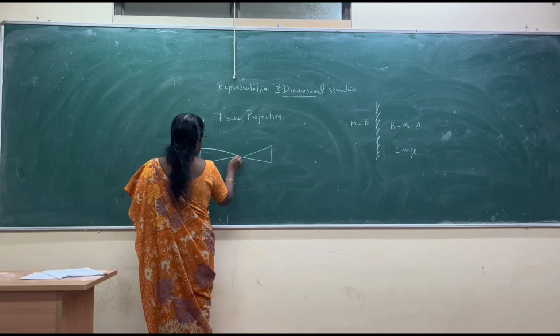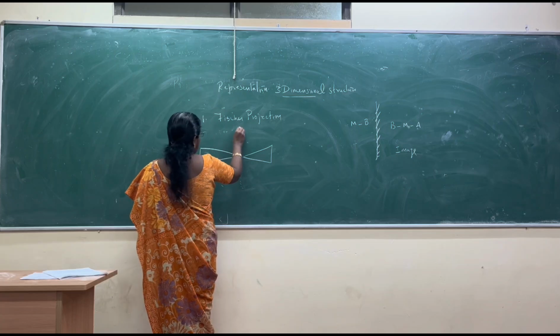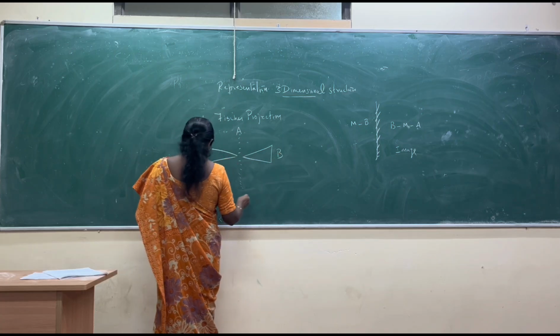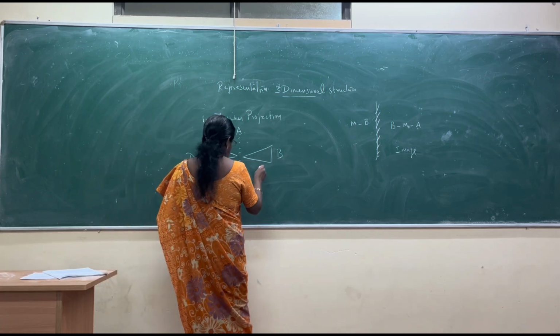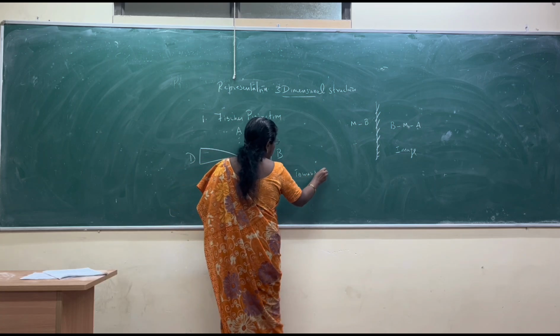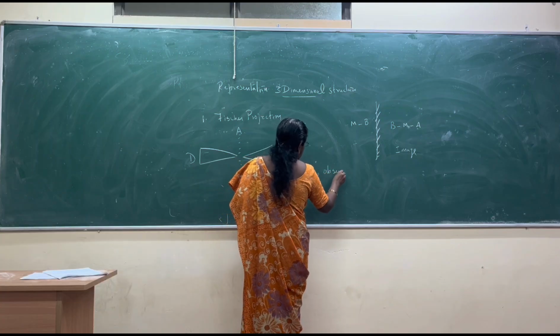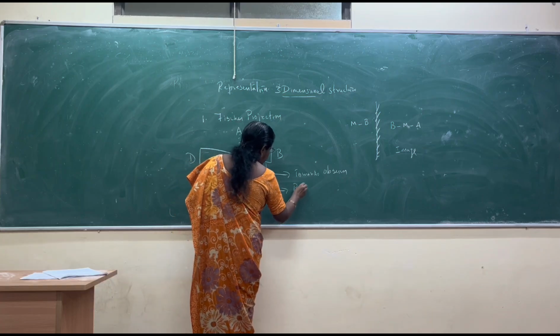Now we represent the Fischer projection. A, B, C, D are different atoms. Some are towards the observer and some are behind the screen.